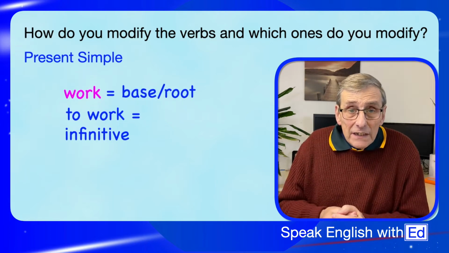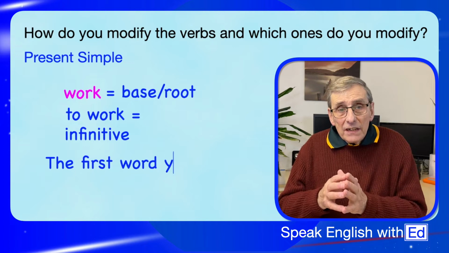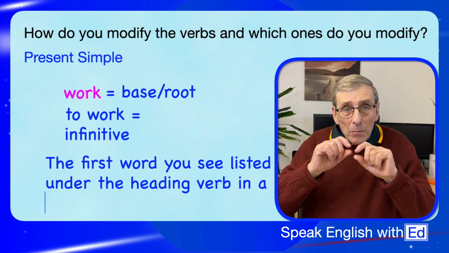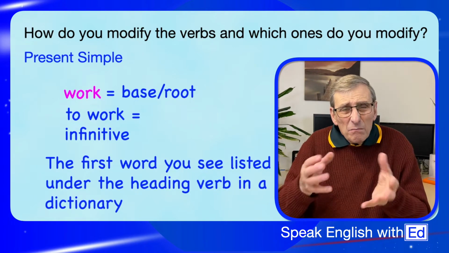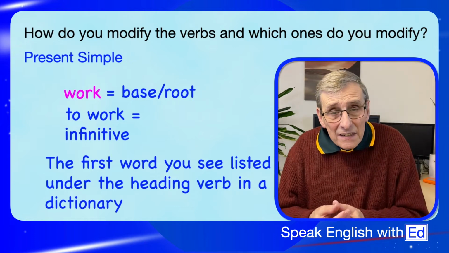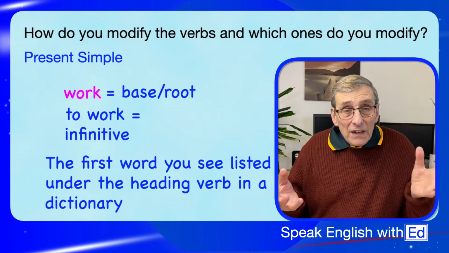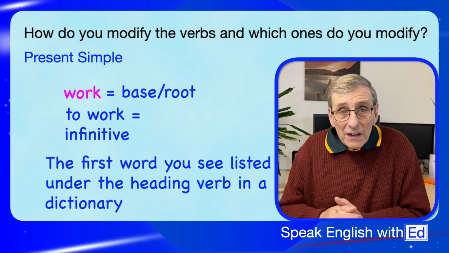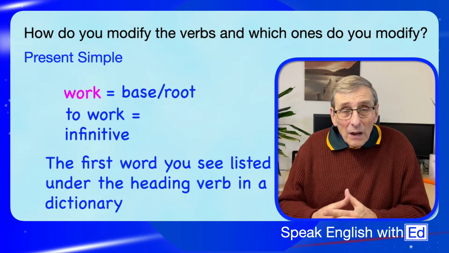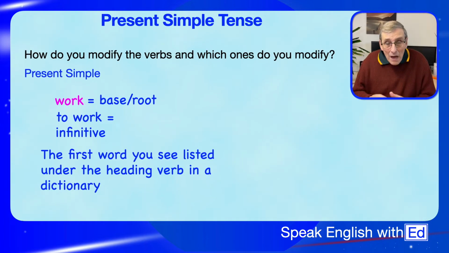So when you look in a dictionary, the first word that you see is the base or the root verb. Base and root verb, they're exactly the same thing, just called different names. One person will say a base verb and the other person will say a root verb, and people like me will say both of them.